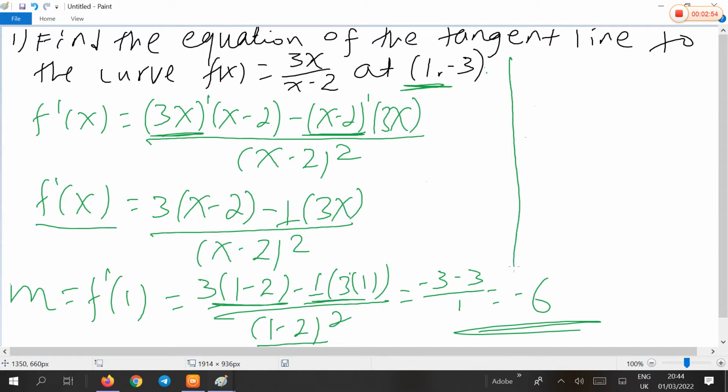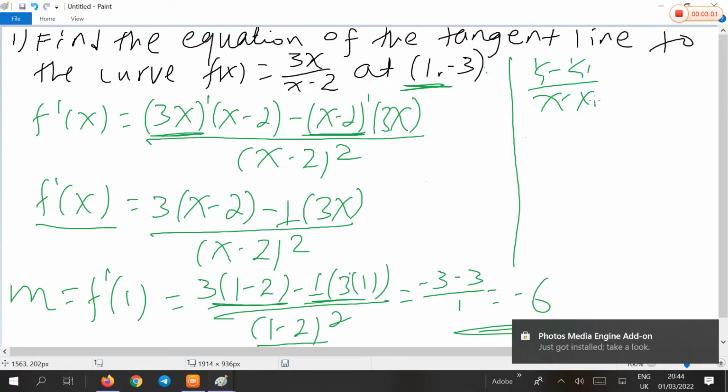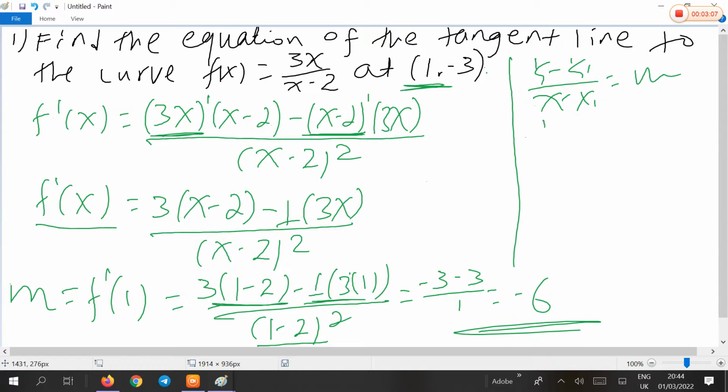So the equation of the tangent line is given by (y minus y1) equals the slope times (x minus x1). Here y1 is negative 3, so y minus minus 3 is y plus 3, and x minus x1 is x minus 1, with the slope of the tangent line being minus 6.